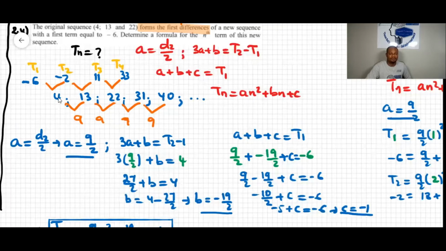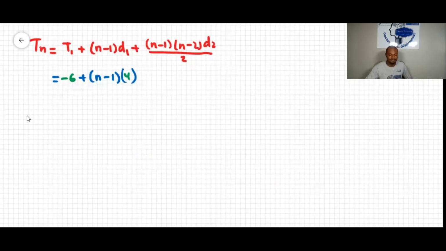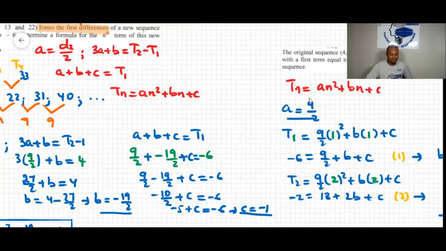D1 is the difference between the first two terms, T2 minus T1, so this will be times 4. Plus n minus 1, n minus 2, times D2, which is equal to 9. Sorry, this D2 is the second difference of the terms.